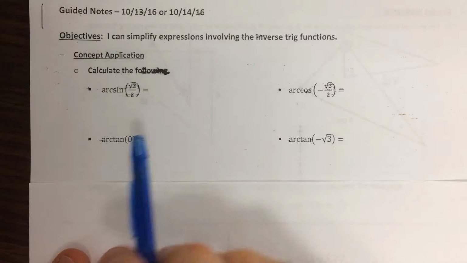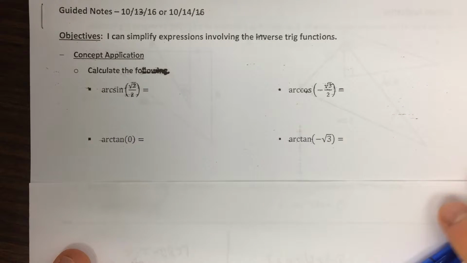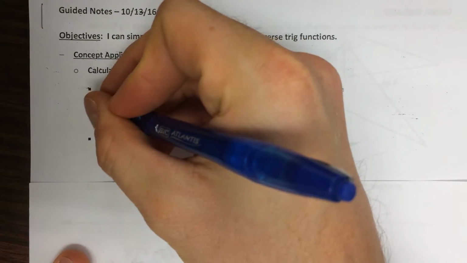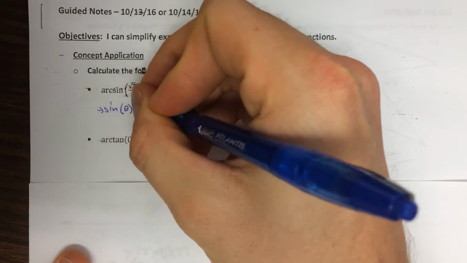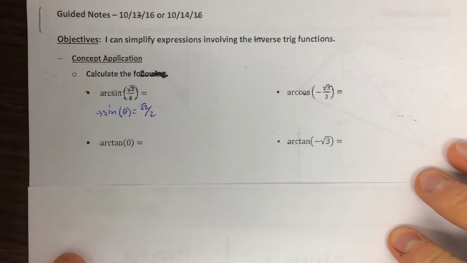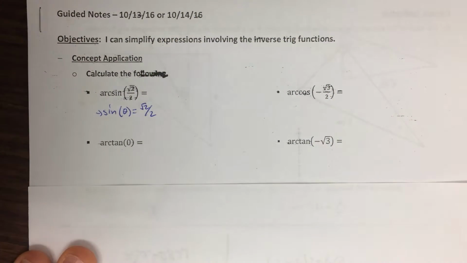But let's start with arc sine. That should be a square root of 2 over 2. Essentially, what this is saying is that sine of theta is equal to square root of 2 over 2. And so we're looking for the value of theta where sine is square root of 2 over 2.